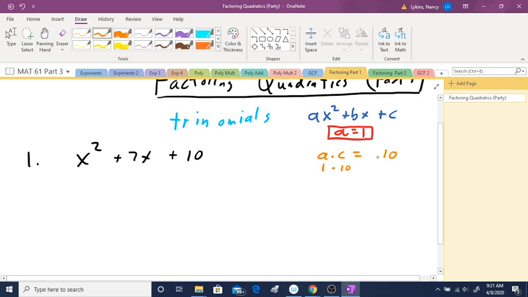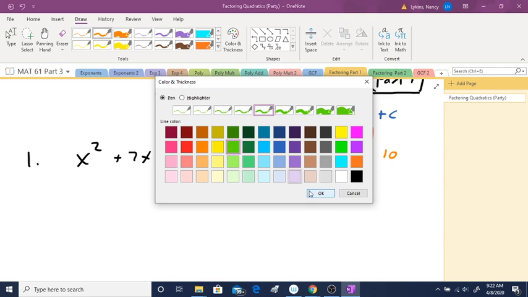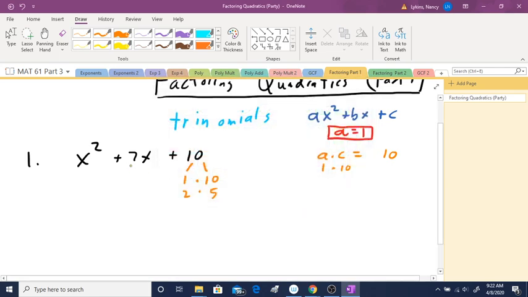But since it's an understood 1, I'm just going to break down the 10. You can break it down into 1 times 10 or 2 times 5. Now, what we need to do is come up with a 7.